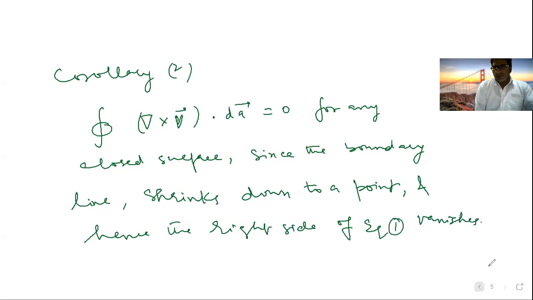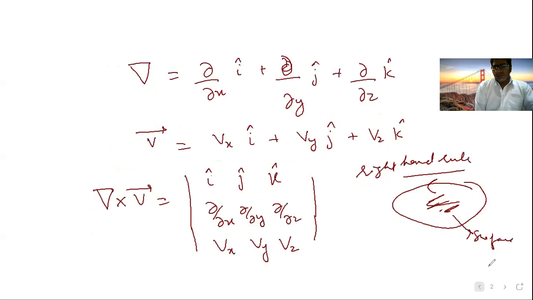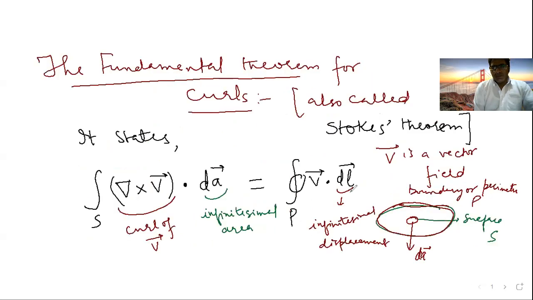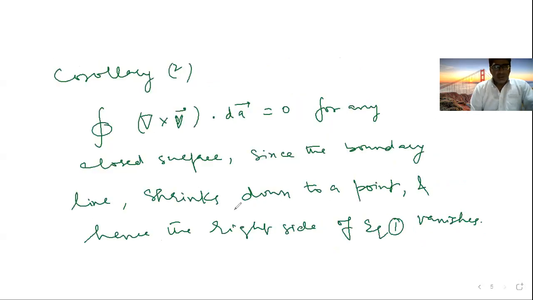Equation 1 is the theorem. This is my equation 1. The right hand side becomes 0. So this was my second corollary: the closed surface integral of curl of V is 0 for any closed surface, since the boundary line shrinks down to a point, and hence the right side of equation 1 vanishes.